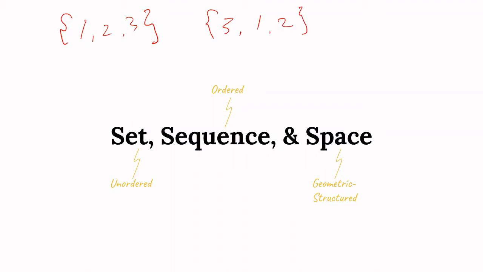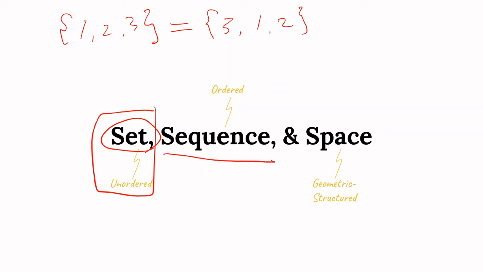The ordering really doesn't matter, so they're essentially the same set. That kind of data is what I consider set data. We're going to see some examples of what exactly those are. Versus the sequence type data, where the ordering matters.